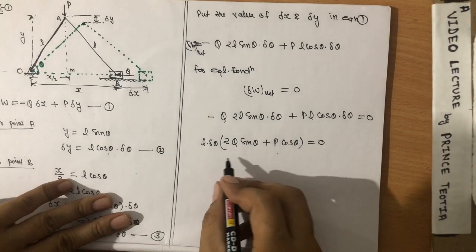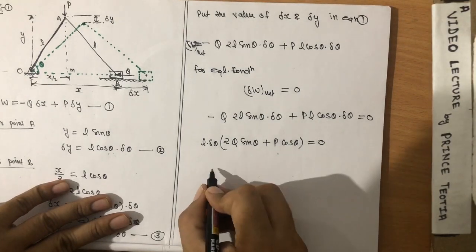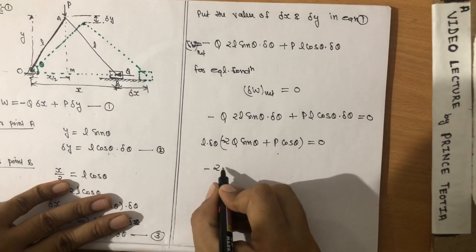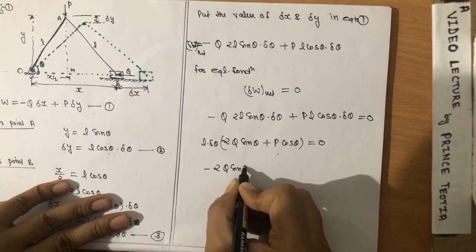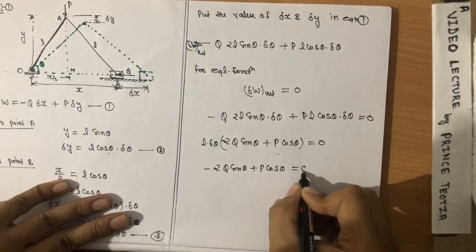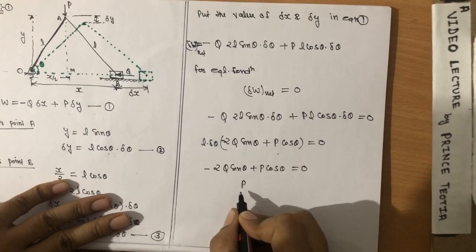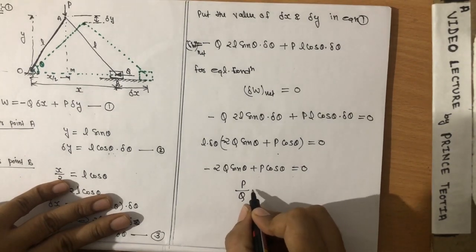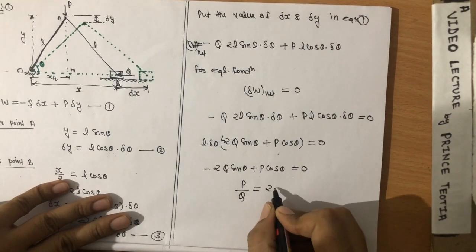Okay, so by this equation, minus q sin theta plus p cos theta equals to 0, p by q equals tan theta.